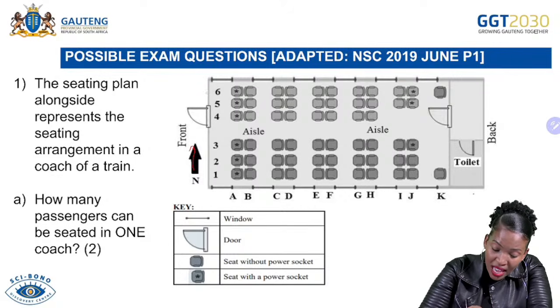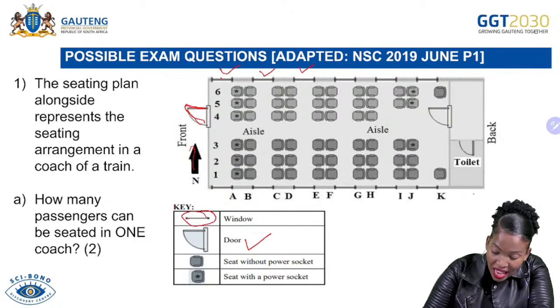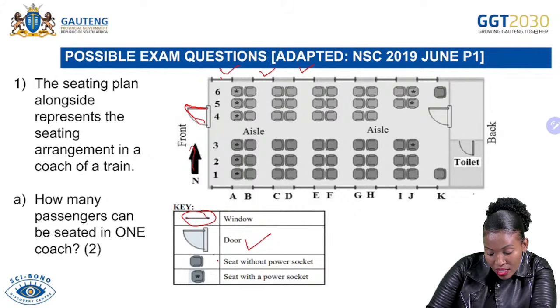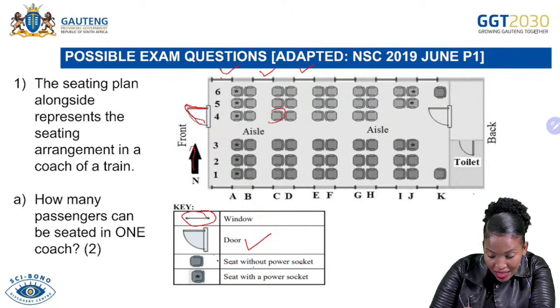And then this is the front of the coach. This is the door. This is the symbol for the door, as they've indicated here for us. If you are looking for windows, you must look for this symbol, and then there are the windows, I can see them. We've got two types of seats. We've got a seat without a power socket, that would be your normal seat, for example, like this one.